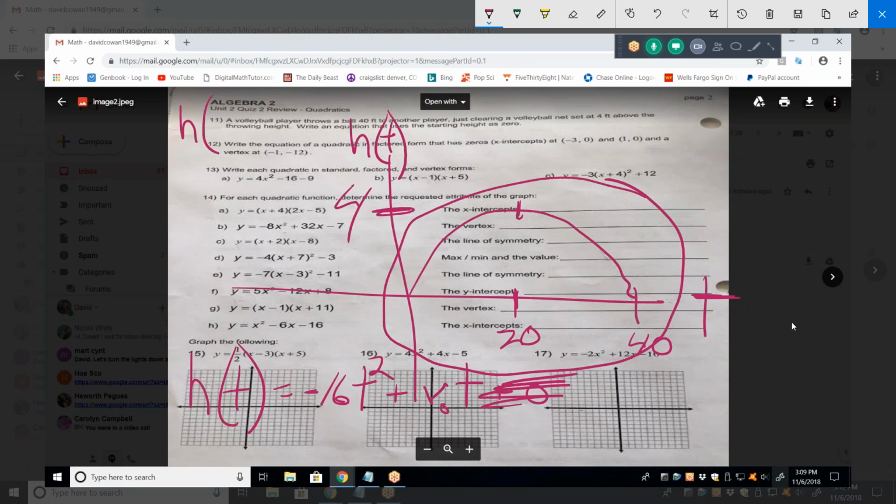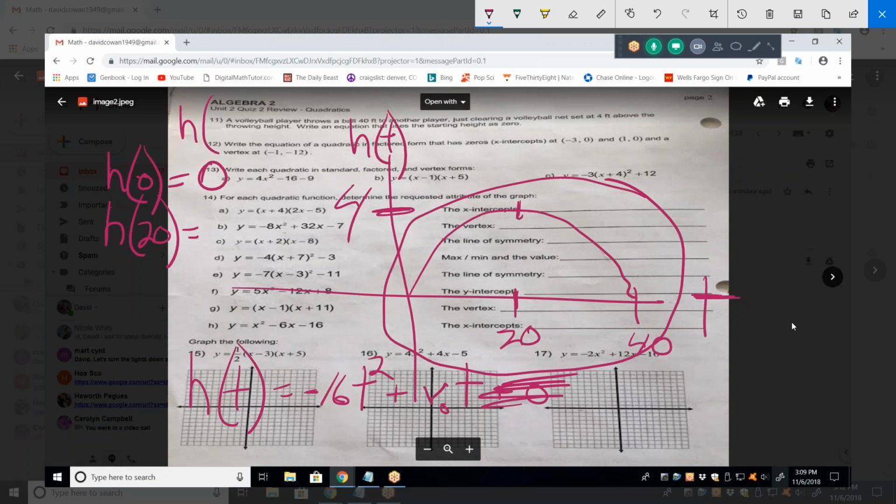Okay? So what that tells me I can do, over here again in the far left, can I write over there? Yeah, good. Okay, so I know that h of 0 equals 0. And I know that h of 20 equals what? What's the height?